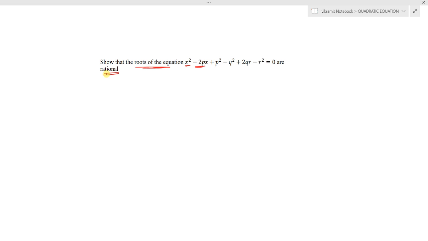Just recall the concept: the roots are rational whenever the discriminant is expressed as a perfect square. If the discriminant is a perfect square, then we can say that the roots are rational.